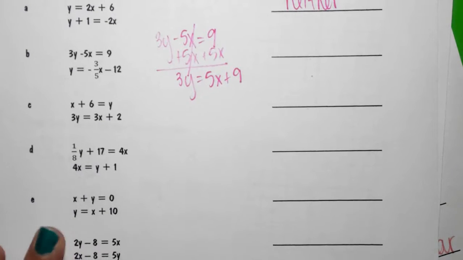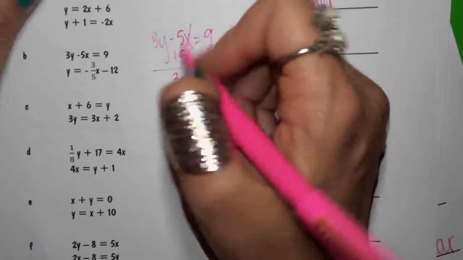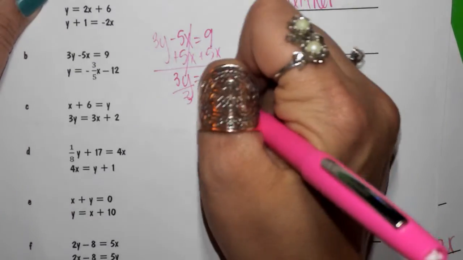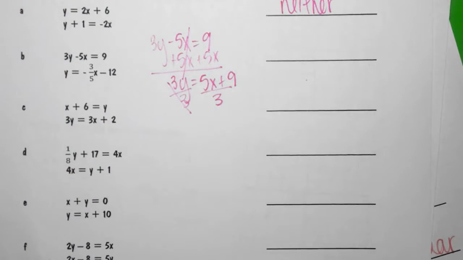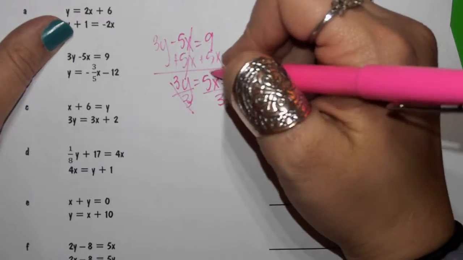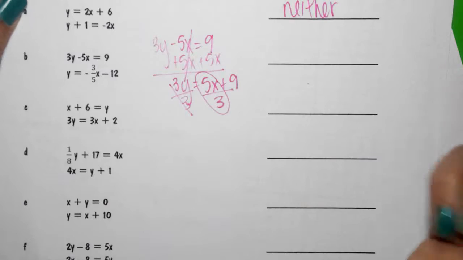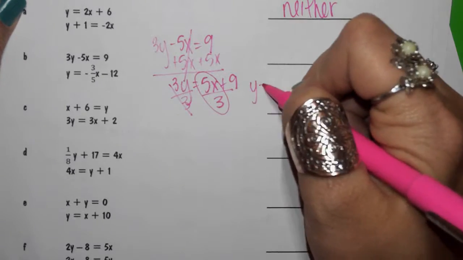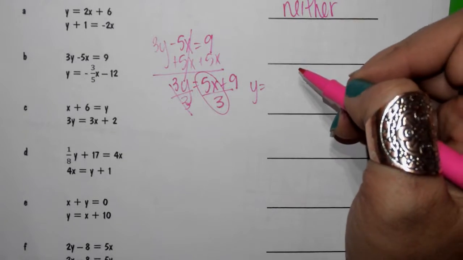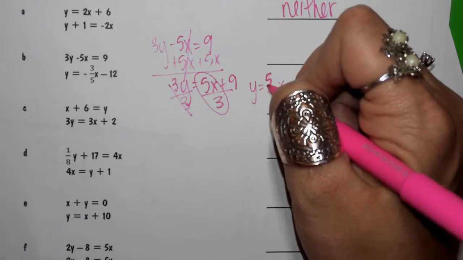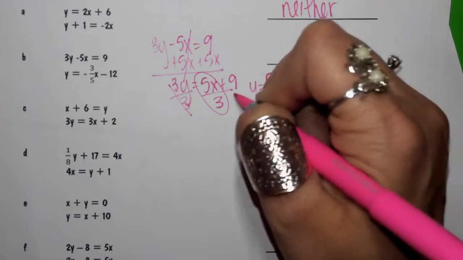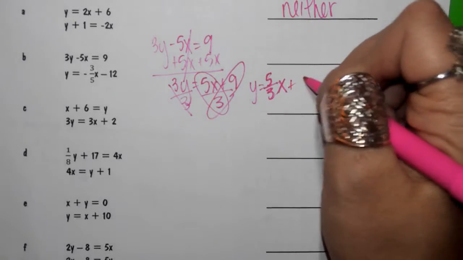So what do I need to do? Divide by what? 3. Do I divide both terms or one? Okay, so what's 5x divided by 3? Does 3 go into 5? So we leave it as a fraction. 5/3 x.